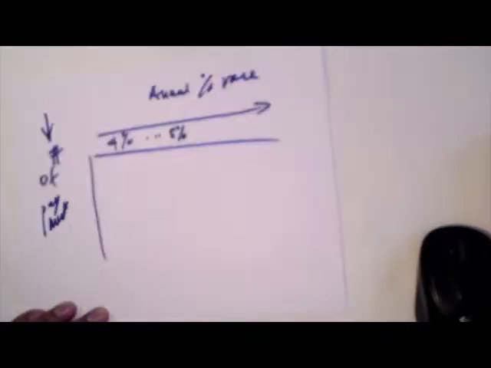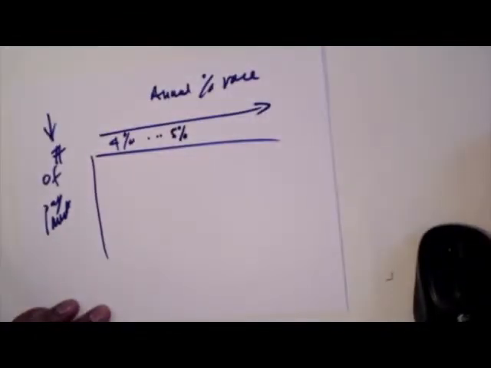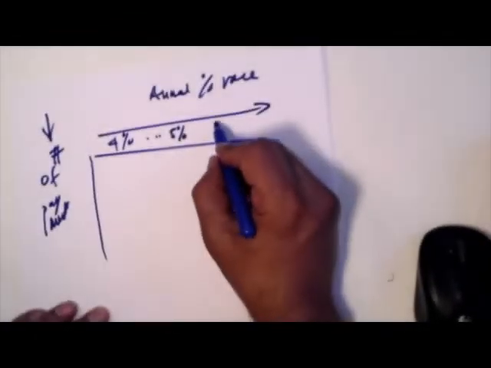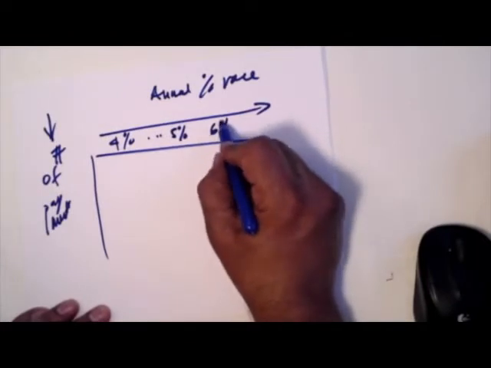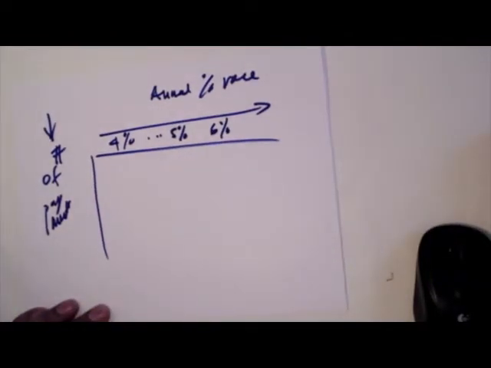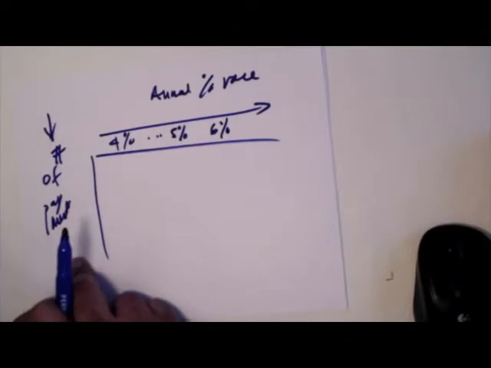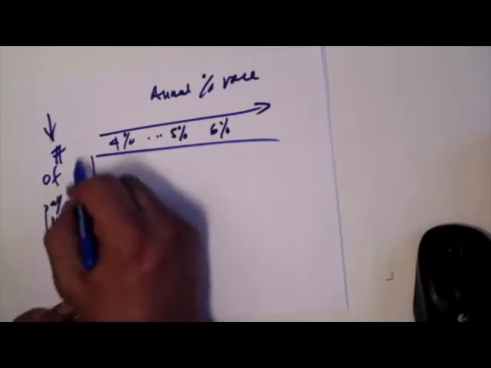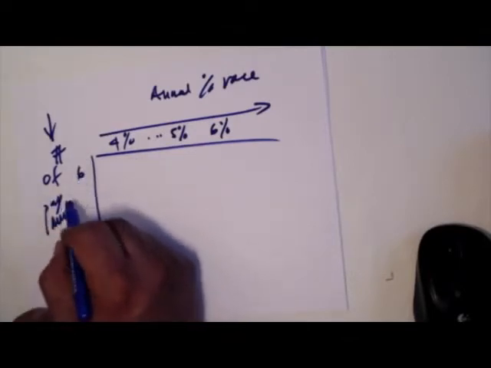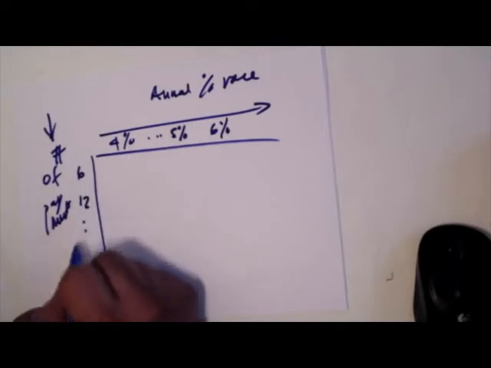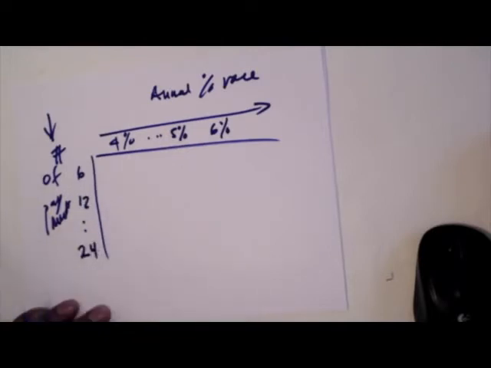In this problem, we know that it's 6% APR, and the number of payments will start from 6, 12, 18, and so forth, until you hit 24 right here.